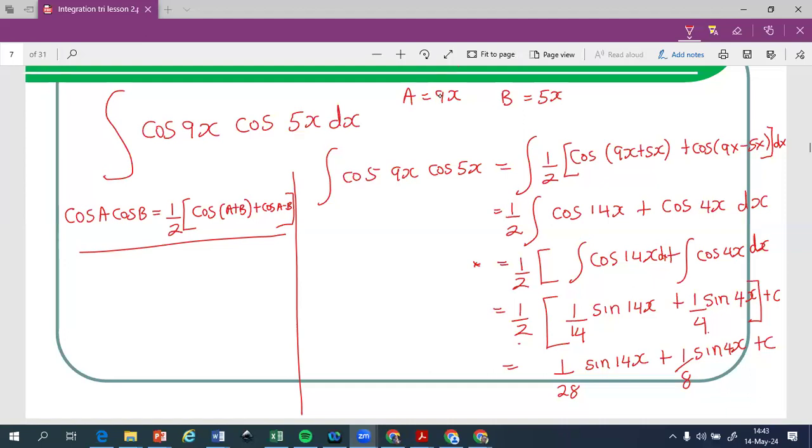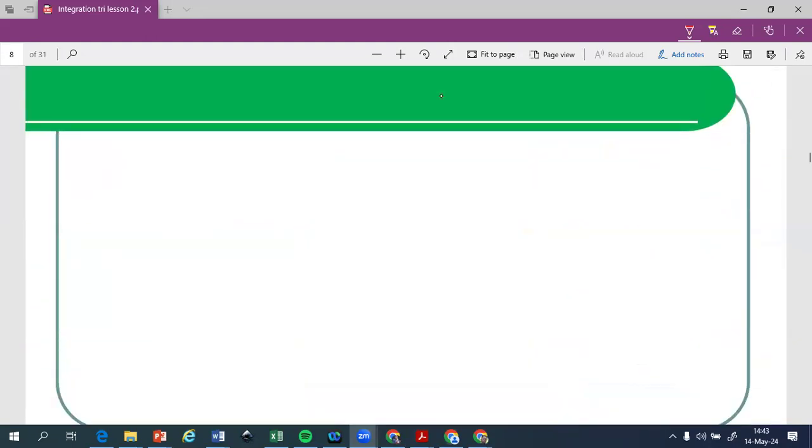Yes. Okay. Now, you are going to try for me this one. Everyone is going to try, and we see which answer we come up with. Cos 3x, cos 5x dx. Evaluate. So let everyone first try on your own.